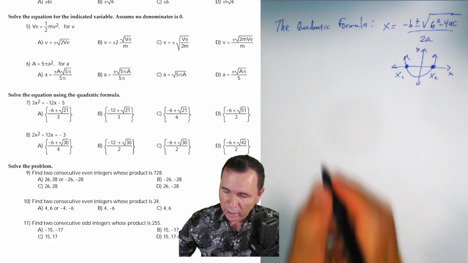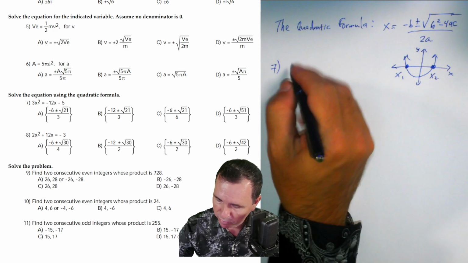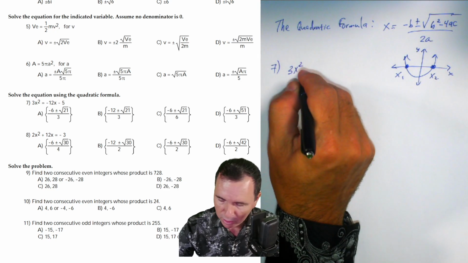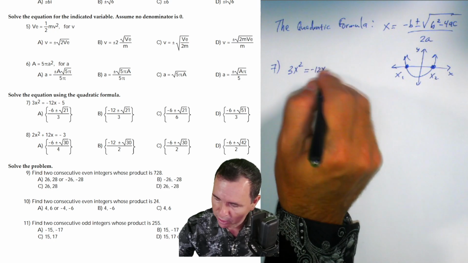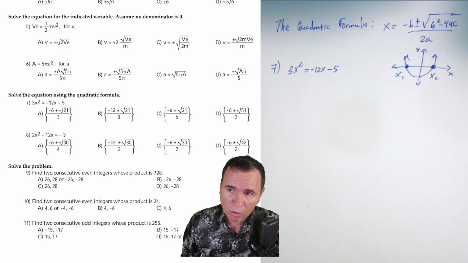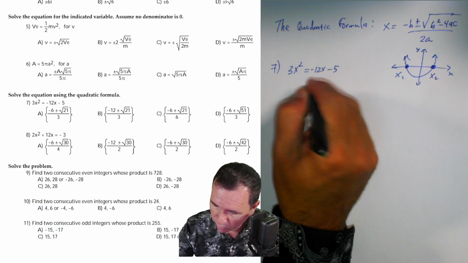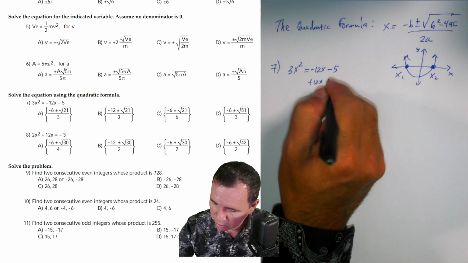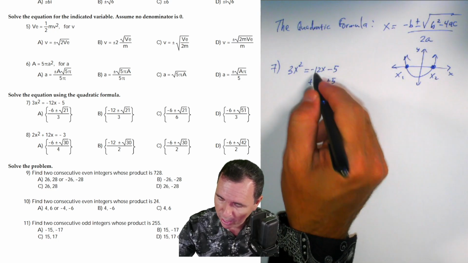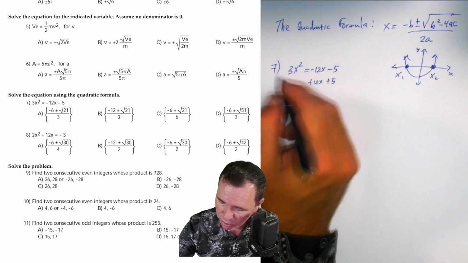All right, so if we look at question number 7, they tell me that we have 3x squared equals negative 12x minus 5. So the first thing that I need to do is zero out the right side. And how? I just counter it by doing the opposite. So if I'm subtracting, I add. But whatever I do to one side, I do to the other side.